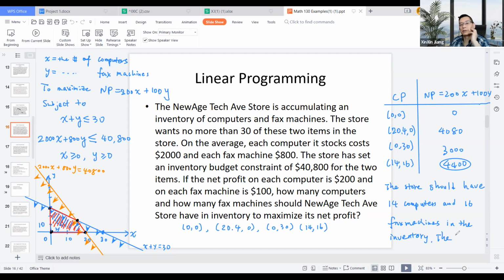The maximum profit will be $4,400. Okay, so that finished the whole problem.